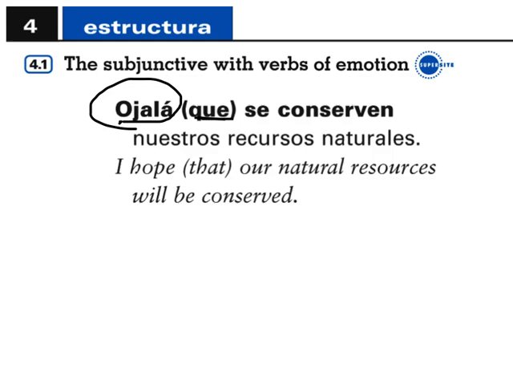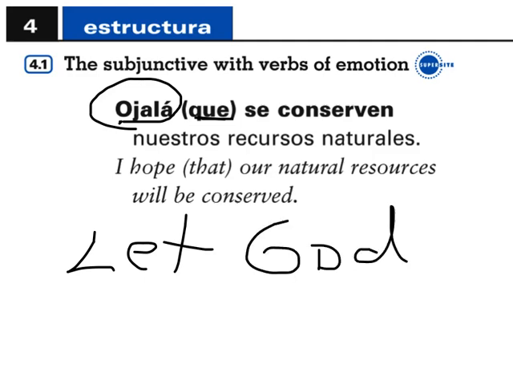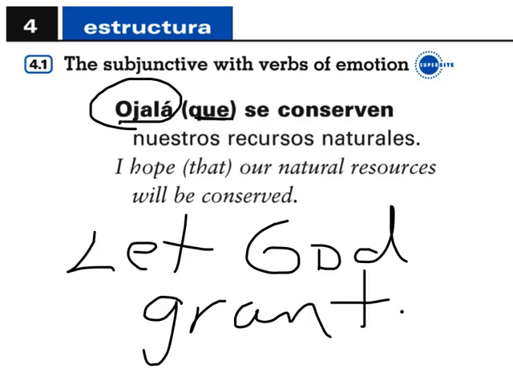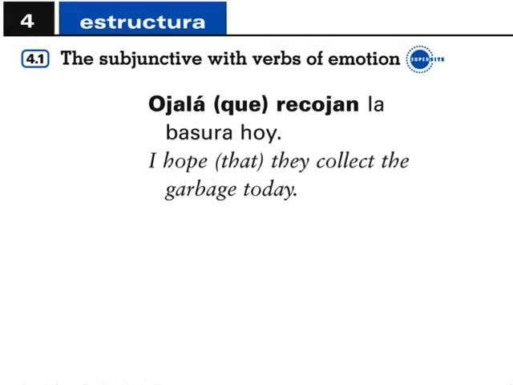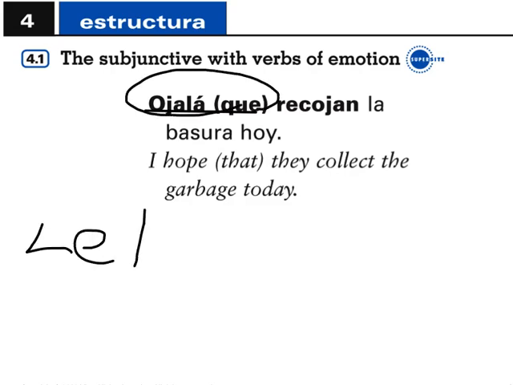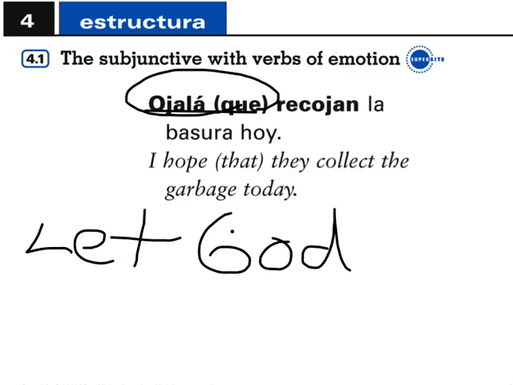I hope, or as Señor Maresca likes to say, let God grant that natural resources will be conserved. And our last one is ojalá que recojan la basura hoy. Let's hope, or let God grant that they collect the garbage today.